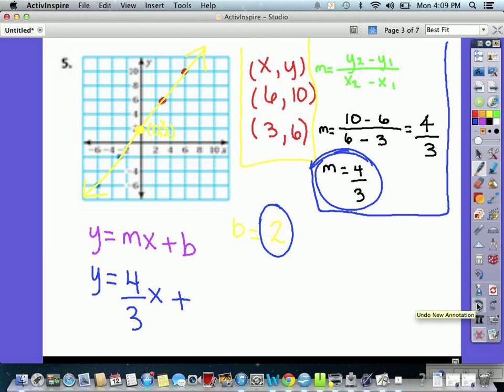We now know what that value is, so we need to put that number there instead of the variable. So this is your answer for number 5.